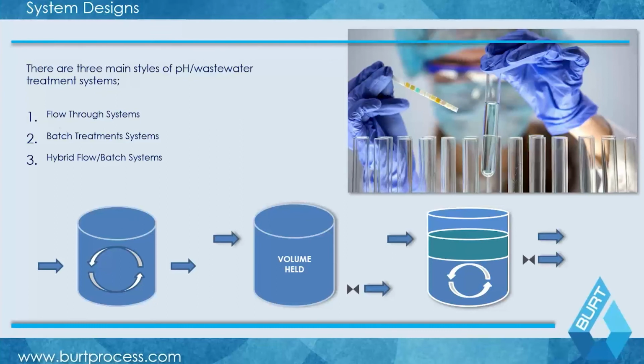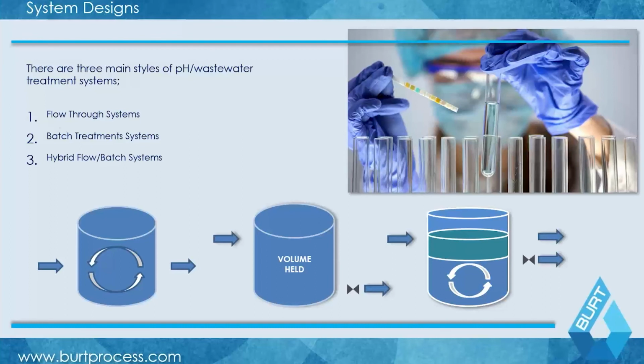The second style is a batch treatment system, and these are less common, but they do have a number of different benefits. In a batch system, waste is transferred into your system. It's held for a predetermined amount of time until the waste is neutralized, while the influent coming into your system is shut off.